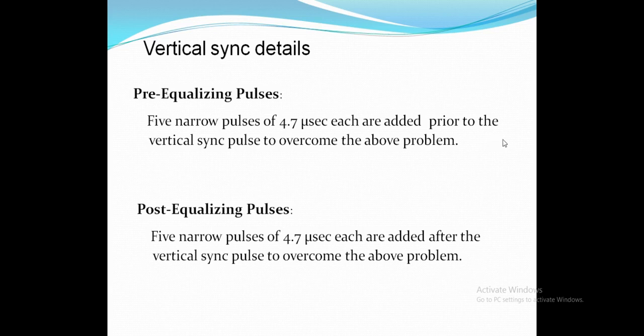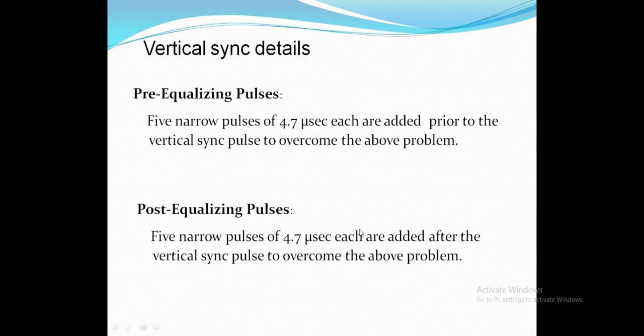Pre-equalizing is nothing but applying the equalizing pulses before, to overcome the above problem.